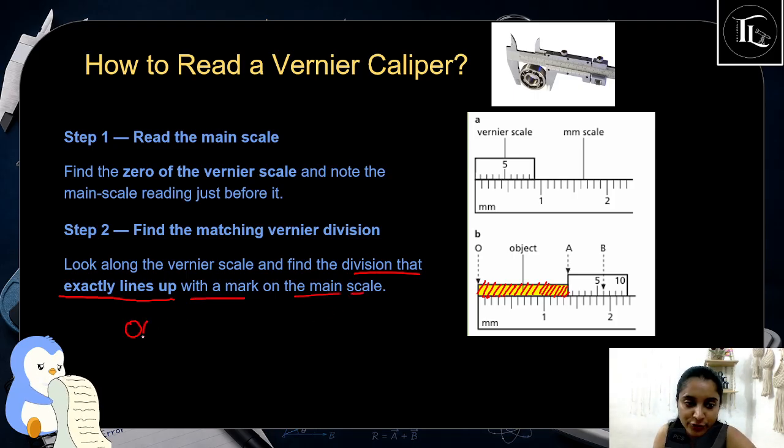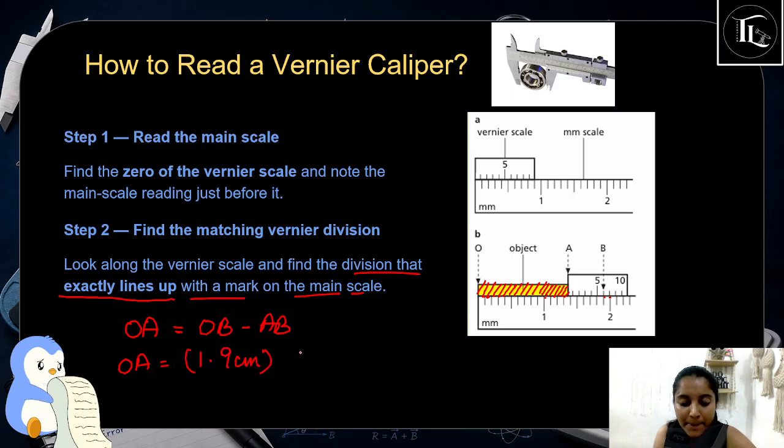So here if we have to measure OA, it will be OB minus AB. So OA is equal to, now OB is how much? This is 1 and this is 2. So this is 1.9 centimeter.